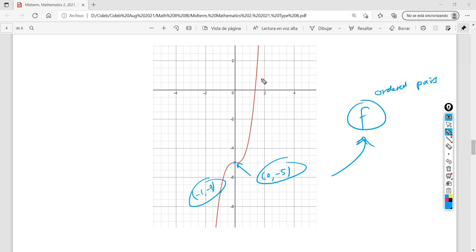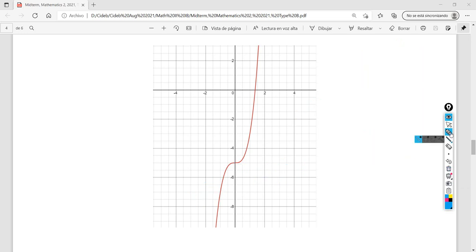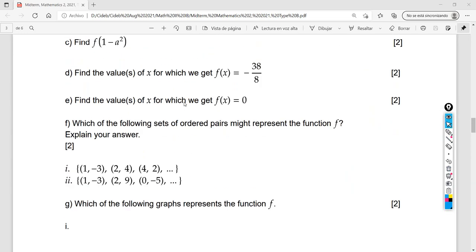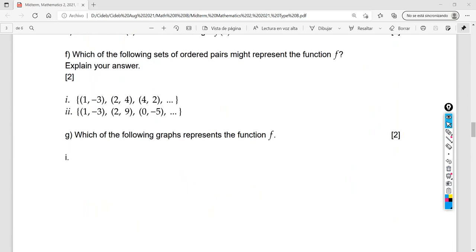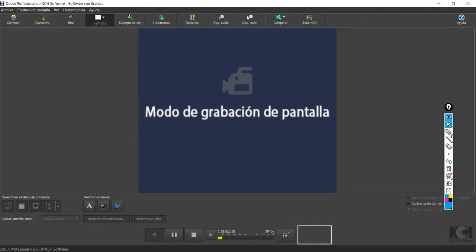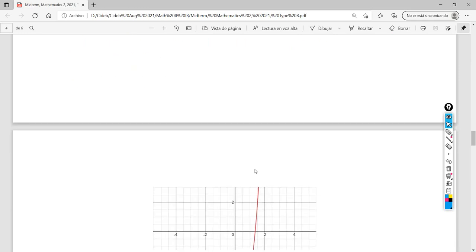Like, if I give you a graph and I give you a function like f of x equals something, how do you know that such graph corresponds to such function? Maybe I should clarify that stuff. Okay, so that ends problem number 6. Now we continue with problem number 7.